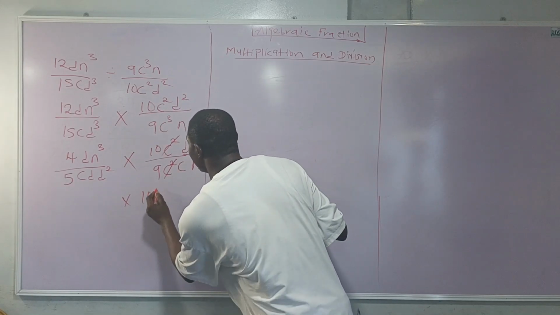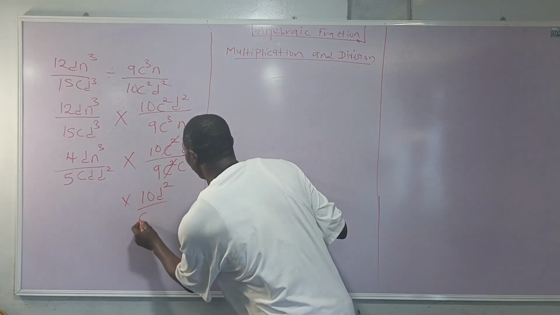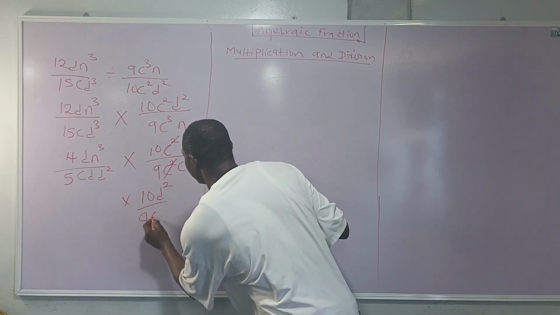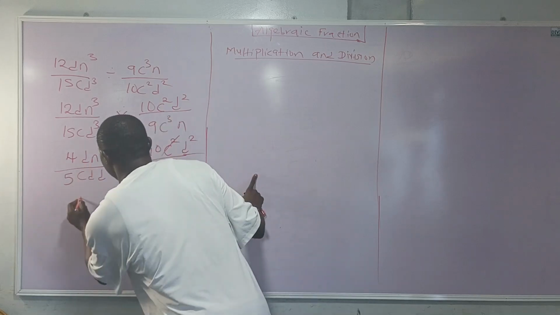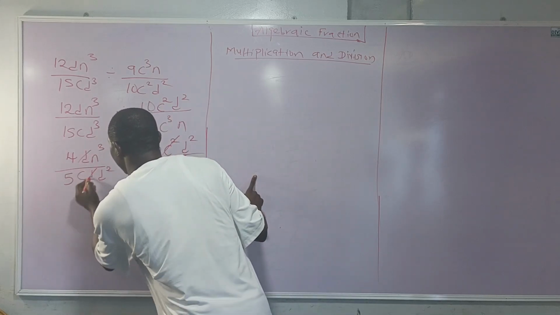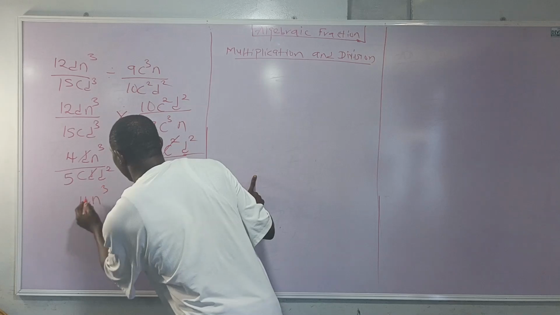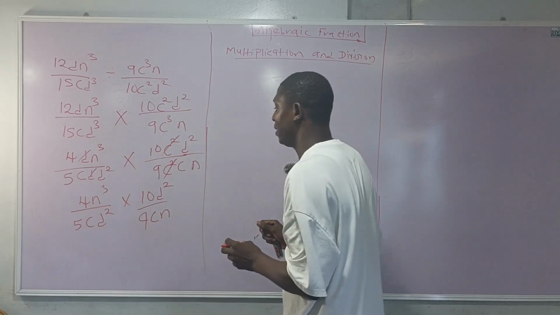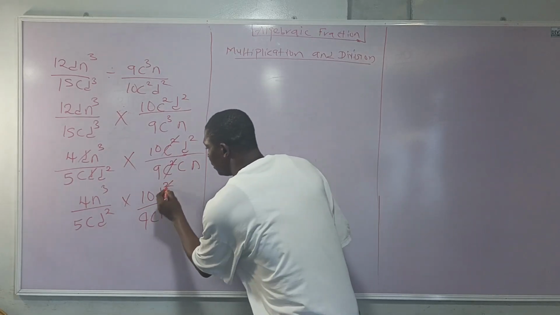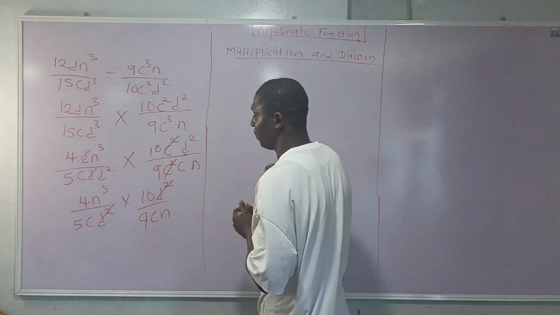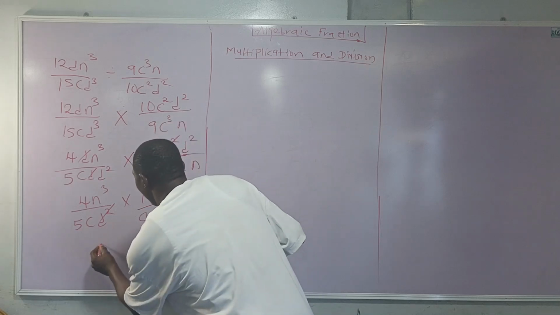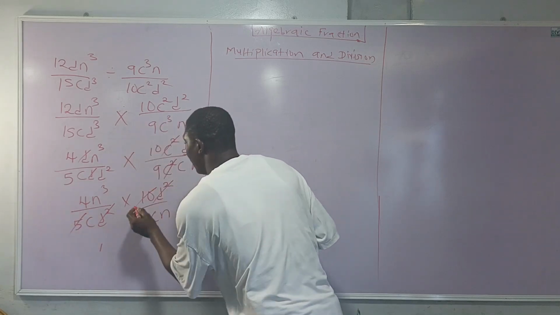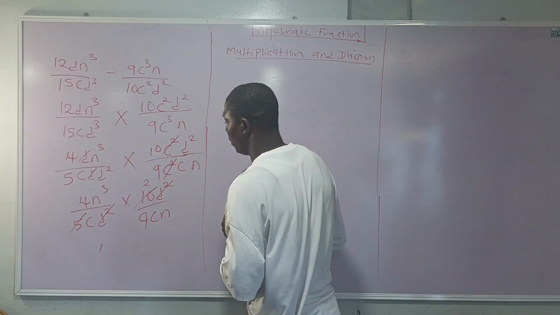So this gives us 10d squared all over 9cn. And this 4 can cancel d: 4n cubed all over 5cd squared. Now you can see that d squared can cancel d squared, and 5 can cancel 5 to give me what? 2.